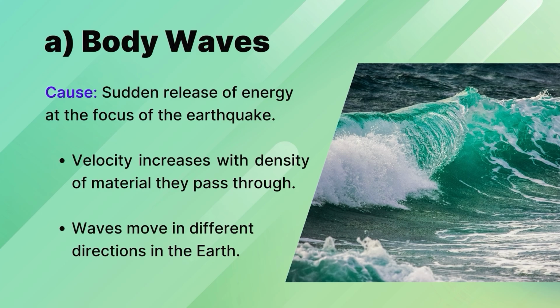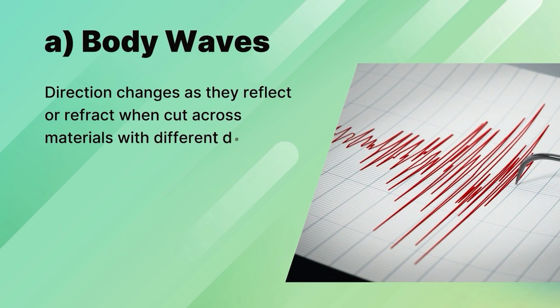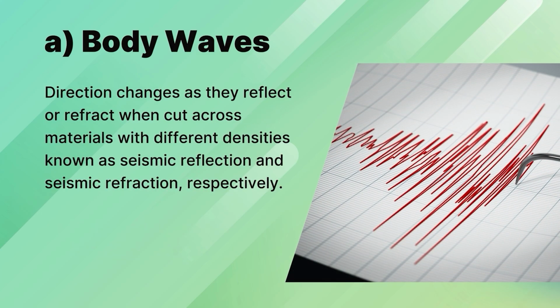Wave velocity increases with the density of material they pass through. Waves move in different directions in the earth. Direction changes as they reflect or refract. They change their direction as they reflect and refract when they cut across materials with different densities, known as seismic reflection and seismic refraction respectively.